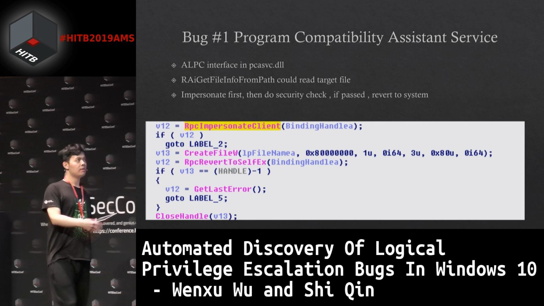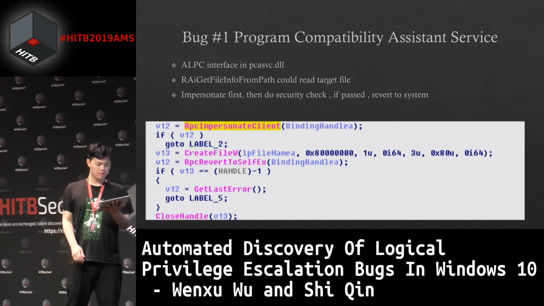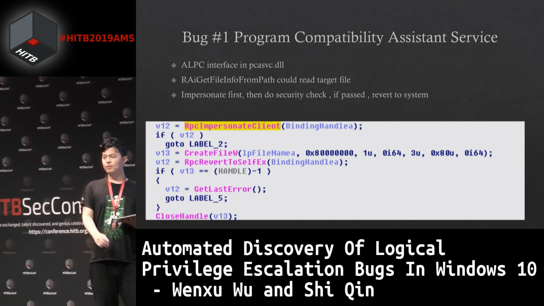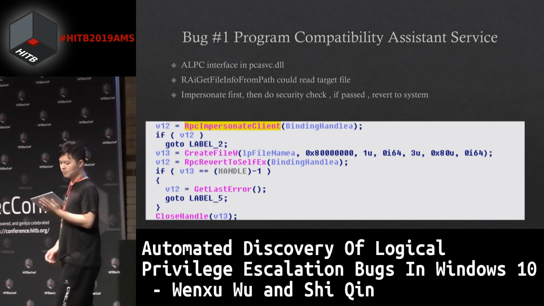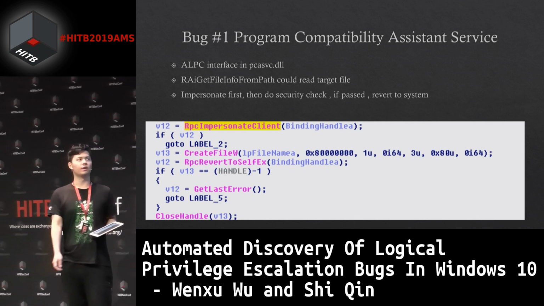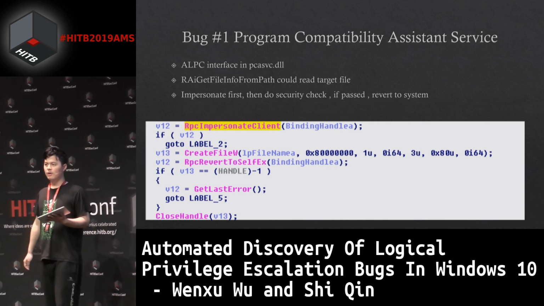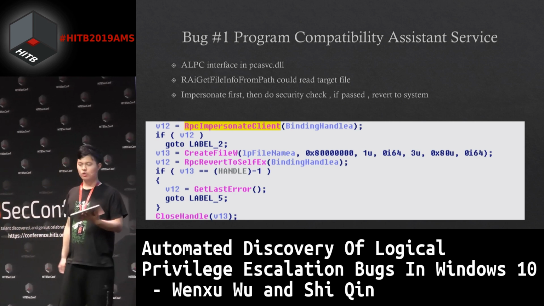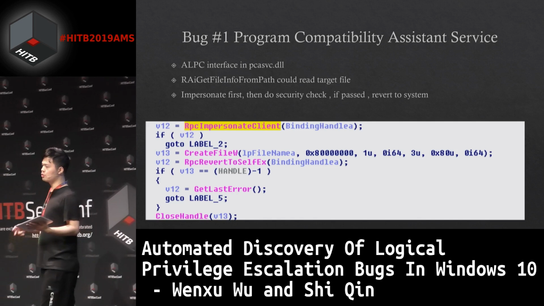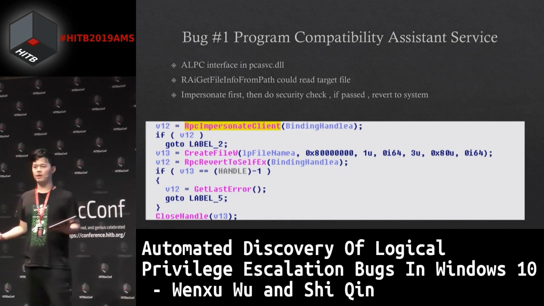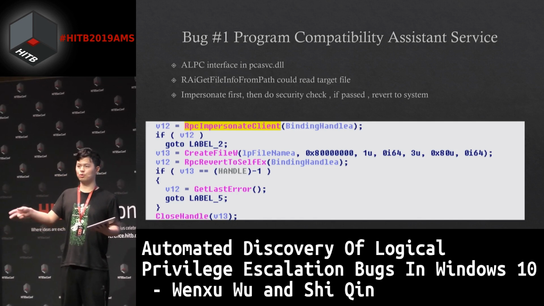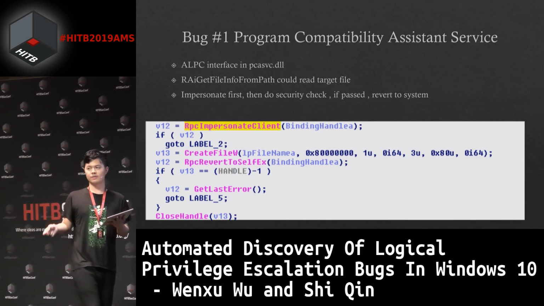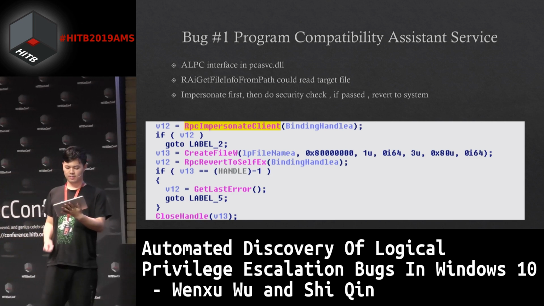Let's see this assembly code. We could see this ALPC interface is located in pcasvc.dll. So the function named GetFileInformationFromPath uses a safety check to make sure that the current user has the accessibility to get the target file's metadata.